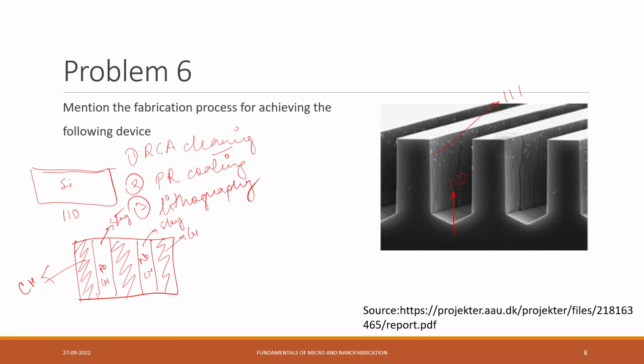So we will get structures like silicon. If it is elongated, and then we etch it using an etchant like KOH, we will get such kind of structures.